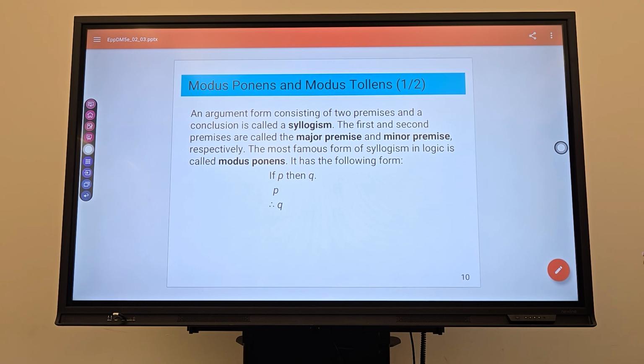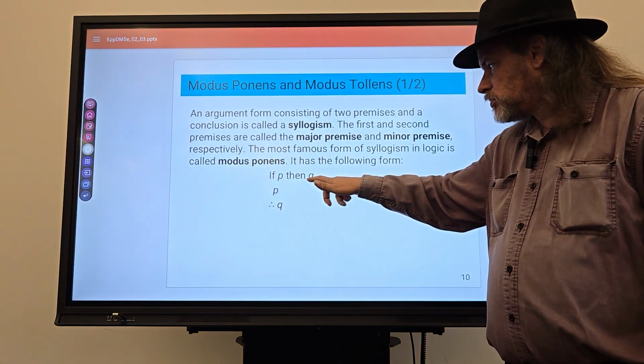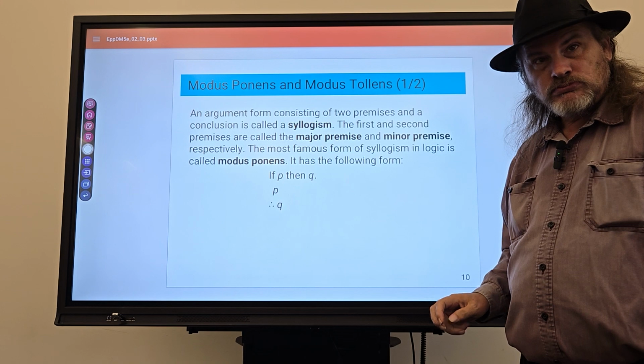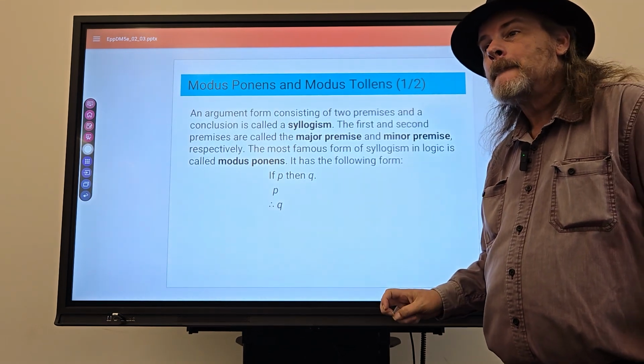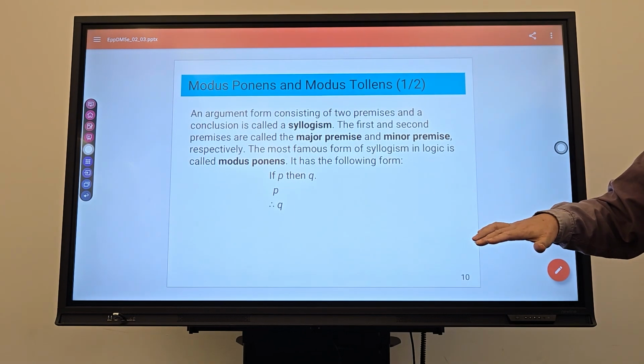The most famous form of the syllogism in logic is called modus ponens. It has the following form: P implies Q. P is true, therefore Q is true. Pretty simple. Therefore just says this is the end of the argument.